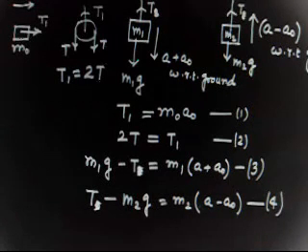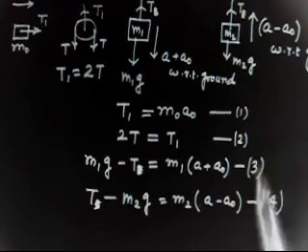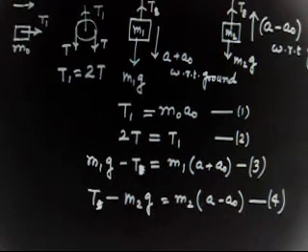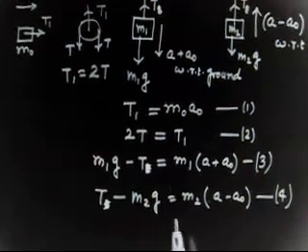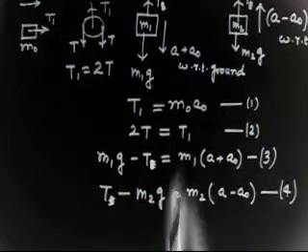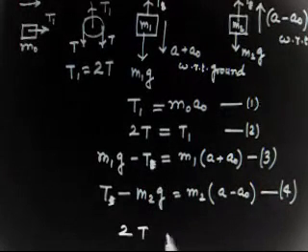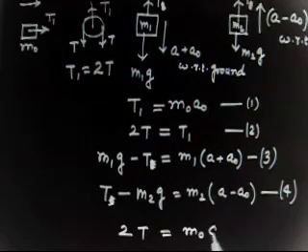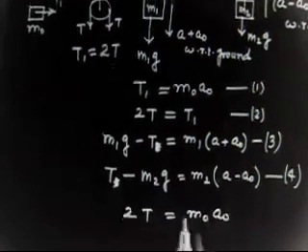Now using these equations, basically you have to solve. So let us say if you see the first equation, how can you solve for a and a naught? So we have 4 equations, 4 unknowns, you can always solve. So let me verify. I can write the first equation, 2T is equal to m naught a naught, because T1 is equal to 2T.